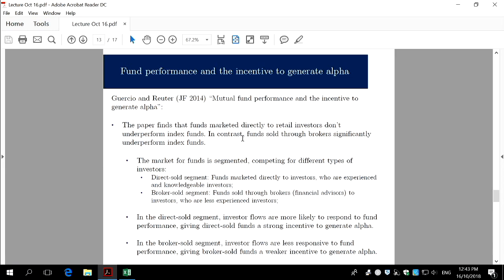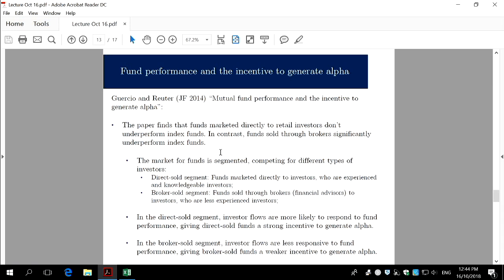In contrast, those funds sold through brokers significantly underperform index funds. So the index fund is a benchmark, right? In aggregate, active funds are worse than index funds. But this paper says it depends. It depends on what kind of active fund.